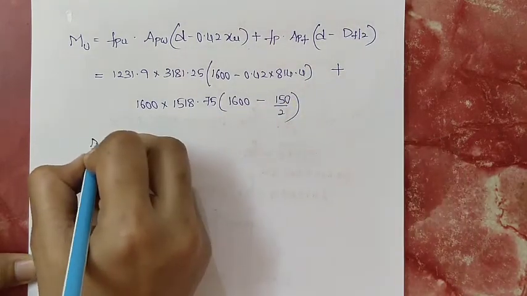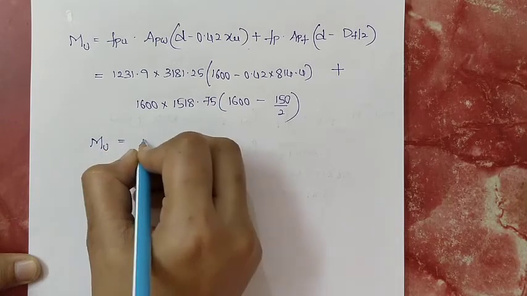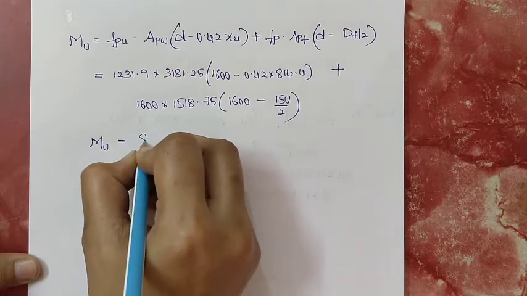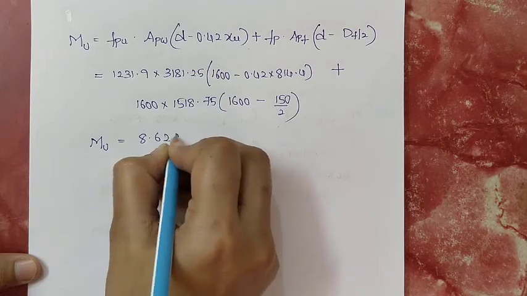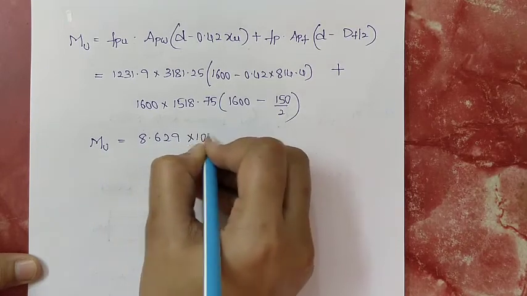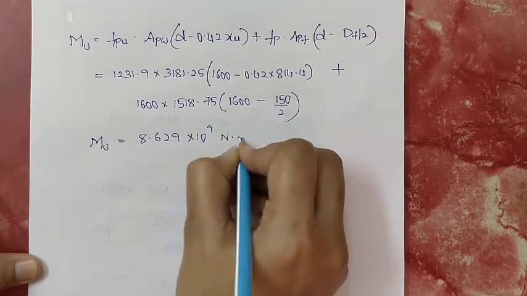Upon simplification you will get Mu value as 8.629 into 10 to the power of 9 Newton mm.